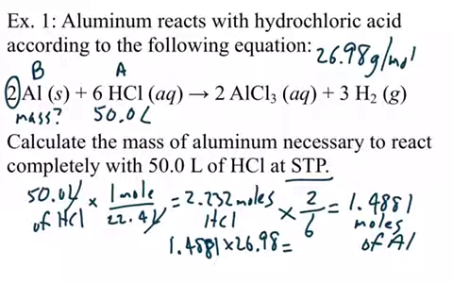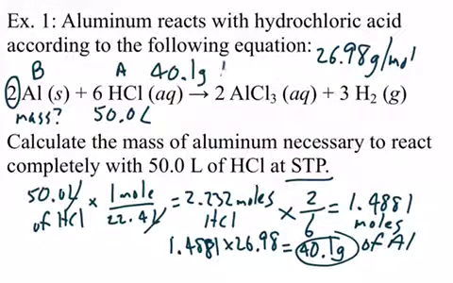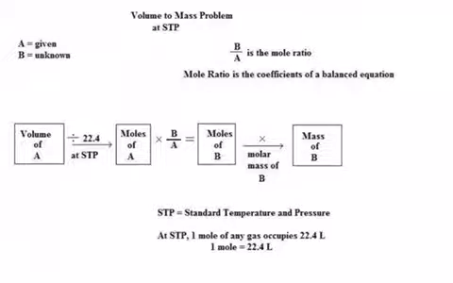You're going to round it to 3 significant digits, and you end up getting 40.1 grams. So the answer here is you're going to end up making 40.1 grams of aluminum in this volume to mass problem at STP. So that was the flow chart that we used to solve this problem.